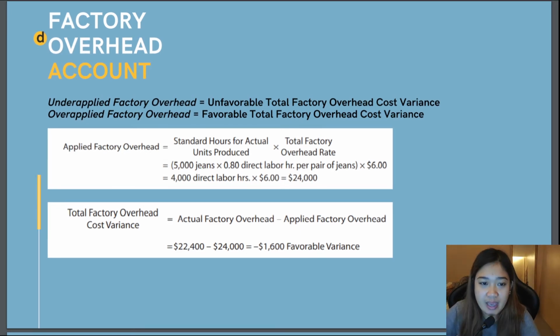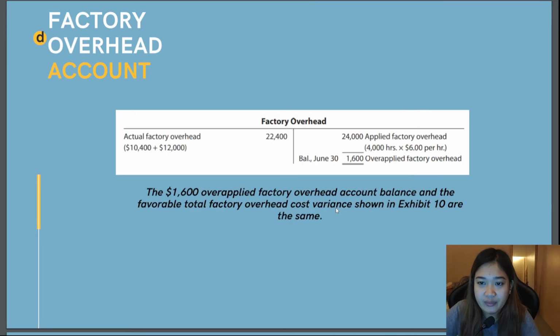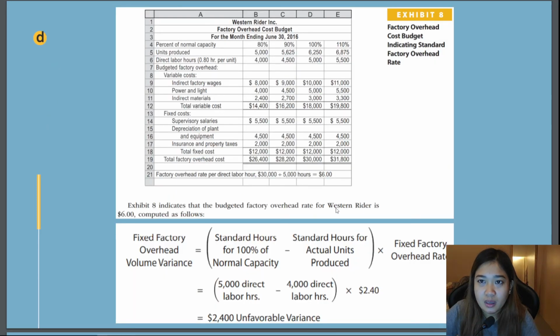So we have again Western Rider as our illustration of a factory overhead cost variance for June.